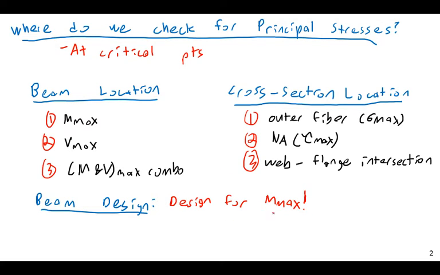In other words, we find the location in the moment diagram that has the maximum moment, and then we check it at the outermost fiber, so that is designing for max bending moment. We select a section based upon that, and then all we have to do is go back and check the rest of these other things. Often it behooves us to design for one condition. We still have to take all these things into account, but we design based on this, select a cross section, and then merely check the rest.